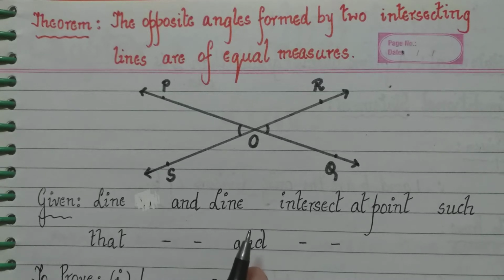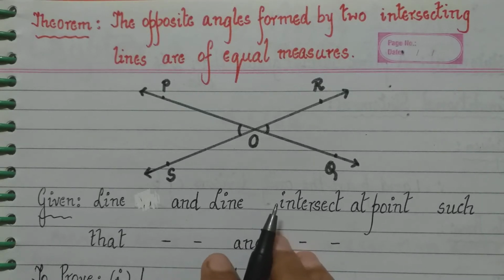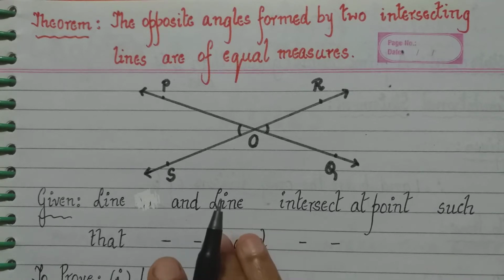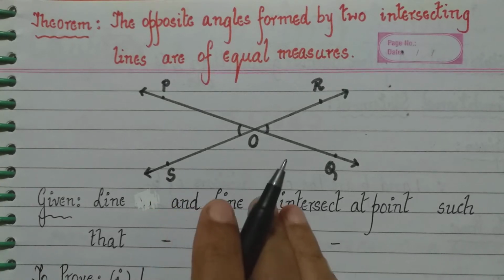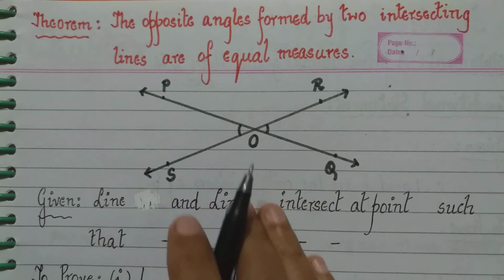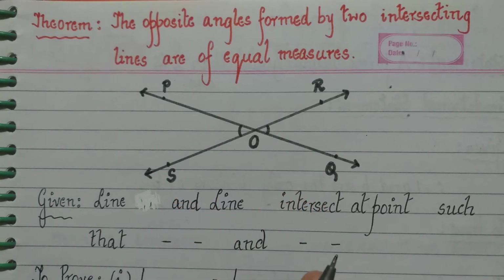Now let us see how we prove theorems. Theorems are usually given as a statement which we are supposed to prove by giving different reasons which will support the statement.